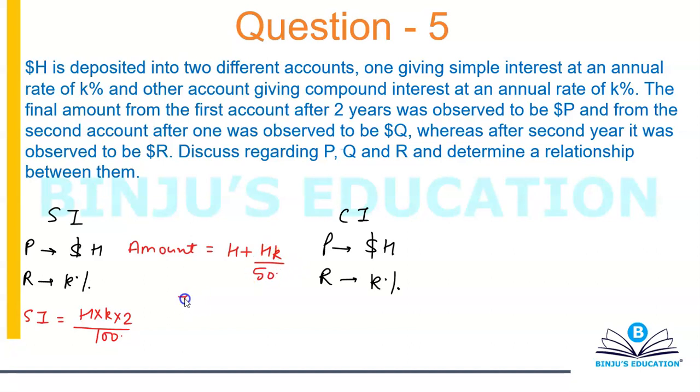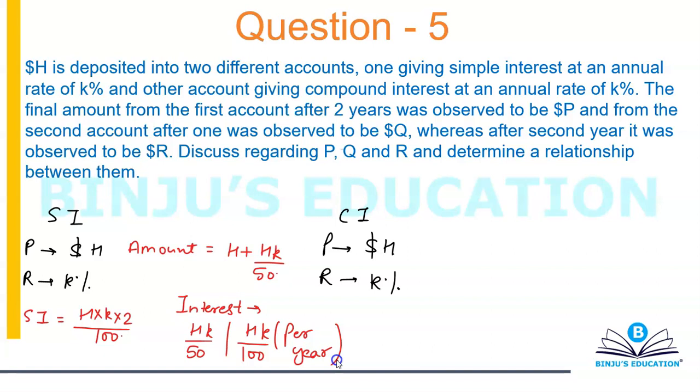The bottom line is that the interest that you will be earning for 2 years will be HK by 50, or per year's interest will be HK by 100. So for 2 years it will be 2 into HK by 100, which is HK by 50. This is basically what it means.